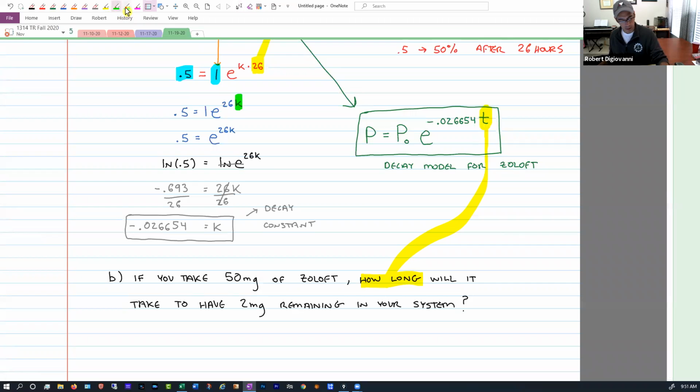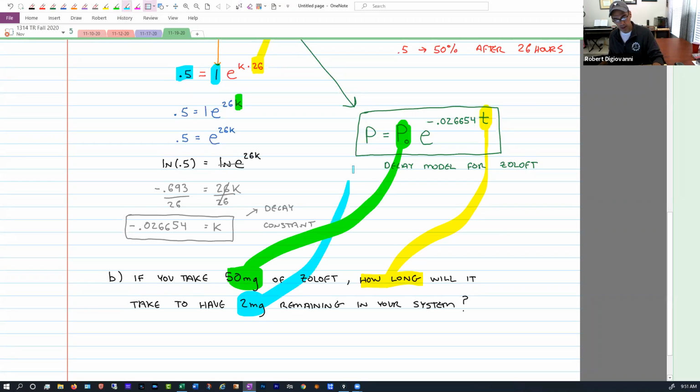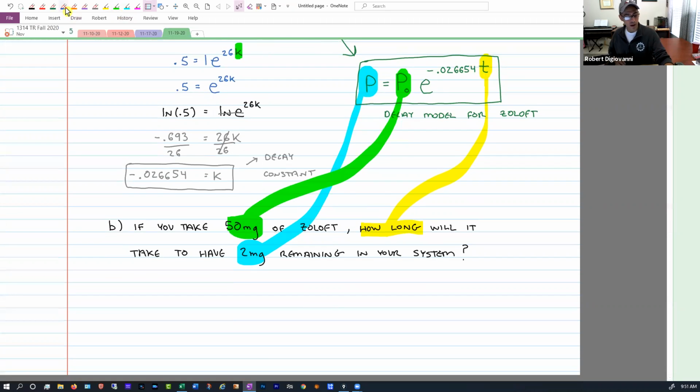And let me label this. The 50 milligrams is how much we're going to start with. And we want to know how long, so we want to know T in order to end up, and ending up is the left side of the equation. We want to know when that's going to be 2. So if we start with 50, we want to know how long it's going to take to get to 2. So all I'm going to do is rewrite that equation.